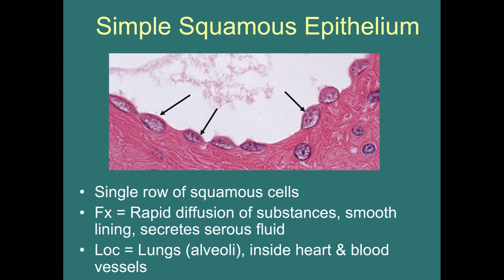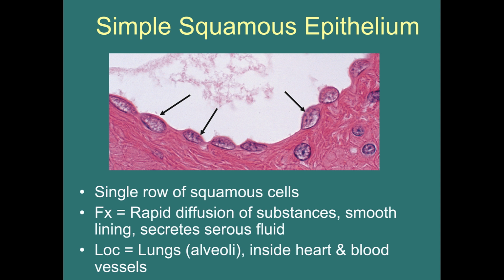This tissue functions for rapid diffusion, and so gases can pass through this plasma membrane, through this flat squishy cell, and out to the other side. We might see nutrients passing through here, and it creates a smooth lining, and it also secretes serous fluid in different tissues.